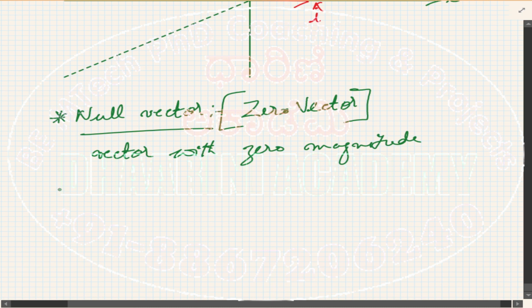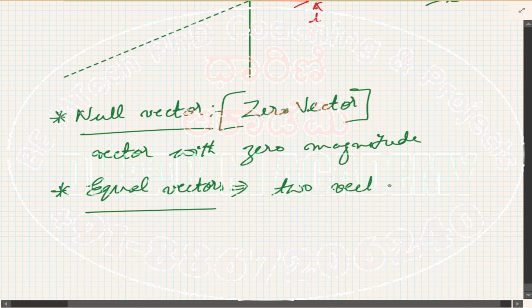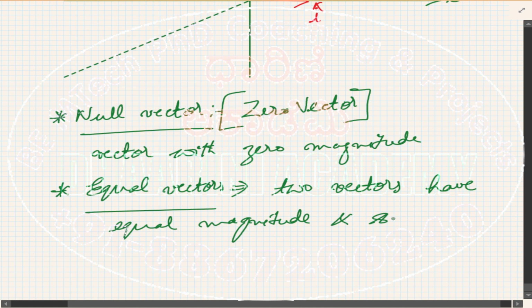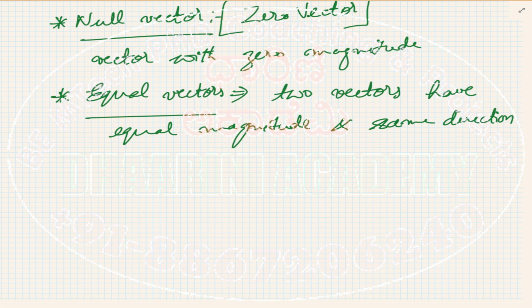Okay, then the next type of vectors are equal vectors. So two vectors are said to be equal if the two vectors have equal magnitude and same direction, then you call them equal vectors.